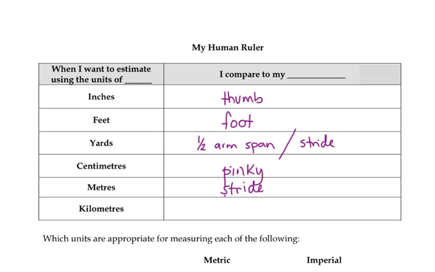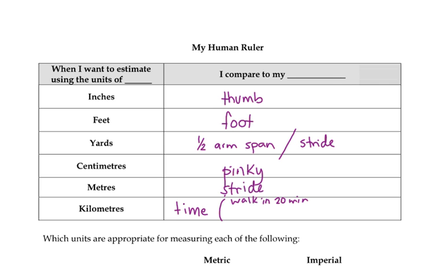Okay, so usually when we have very, very large distances, we use time. So if you're walking, you usually can walk a kilometer in 20 minutes. A slow walk. You might jog it in 10 minutes. Is it really a kilometer?